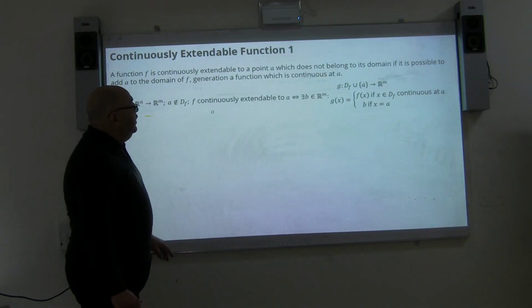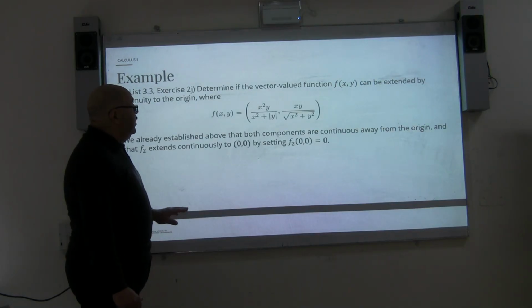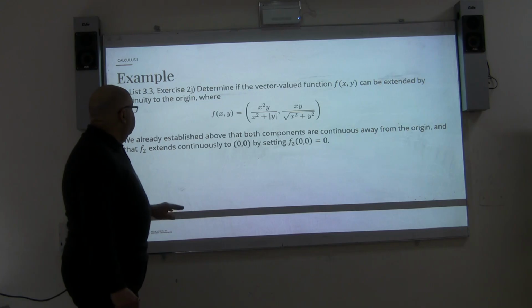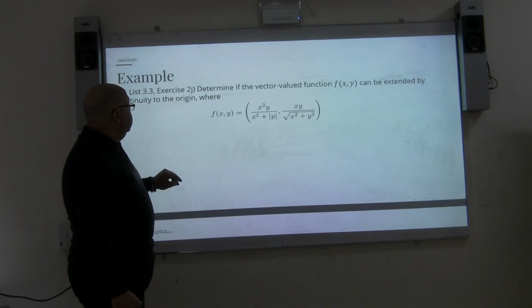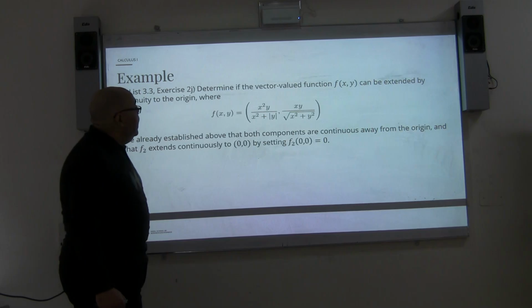I believe if I took an example, it will be very nice. So if I go to this problem, you want to determine if the vector valued function can be extended by continuity. Sorry, just a second. If I want to show the extension, okay, ماشي, of this function at the origin.